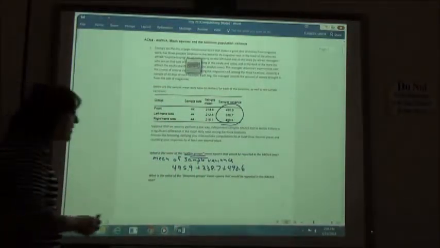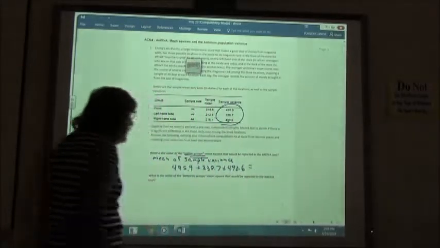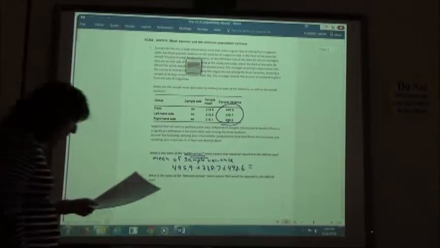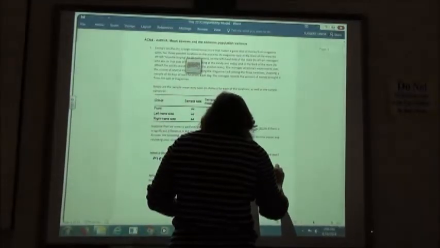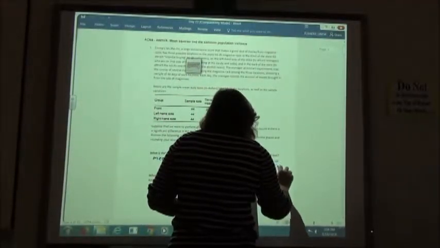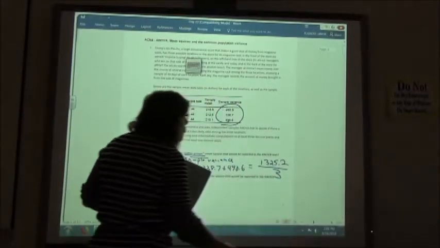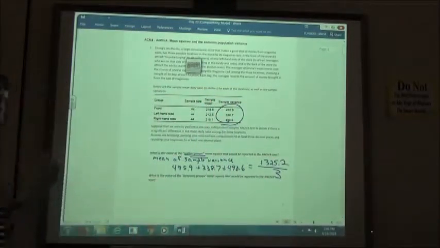And then once you get that answer, if you go ahead and add all those together, 495.9 plus 338.7 plus 490.6, you should get 1,325.2. Now we're going to take that answer divided by 3 because we have 3 values on our list.